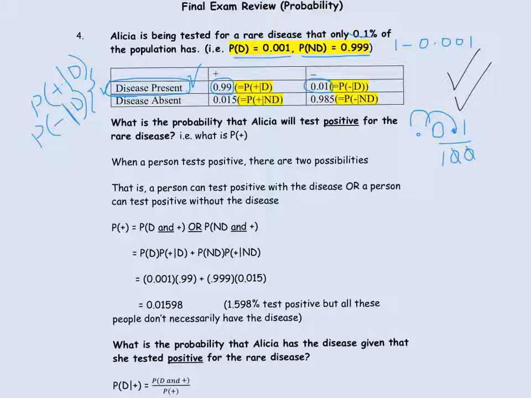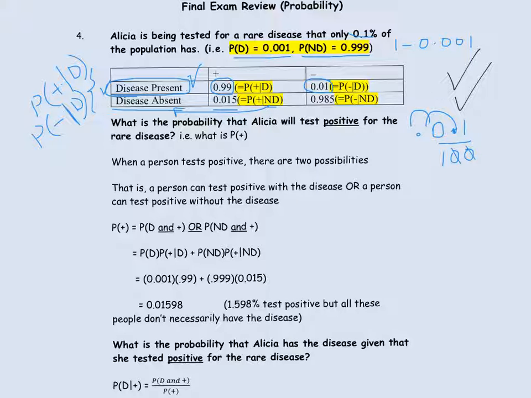Now, the next one is disease absent, which means they do not have the disease. 0.015 is the probability that a person will show positive, but we know that they do not have the disease.